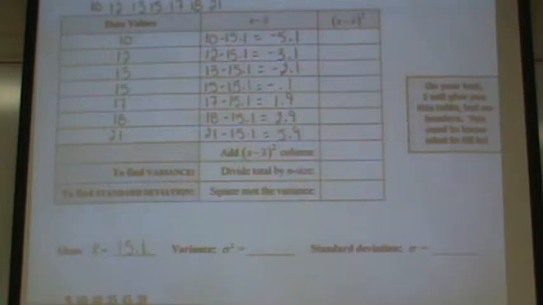Now we want to square those. Again, they will all be positive.